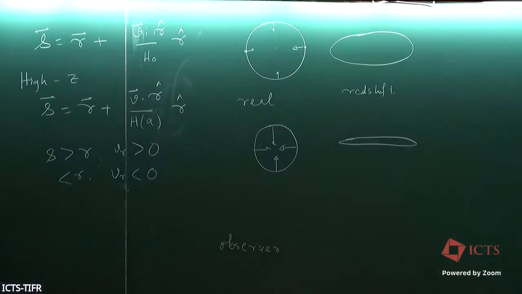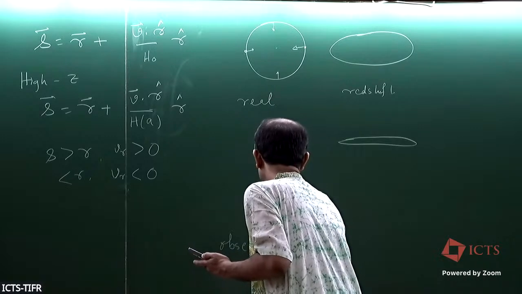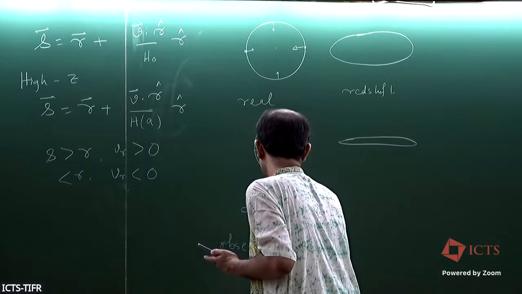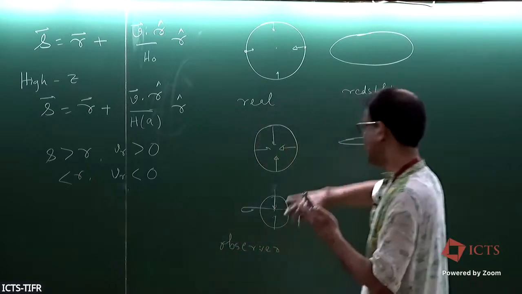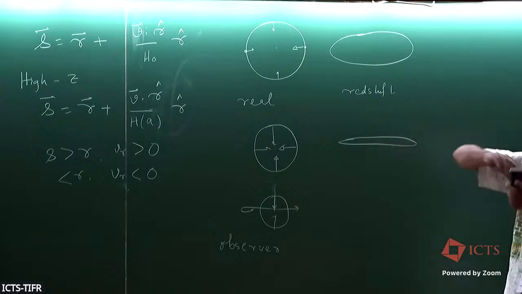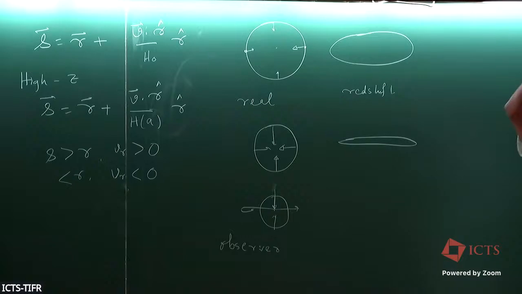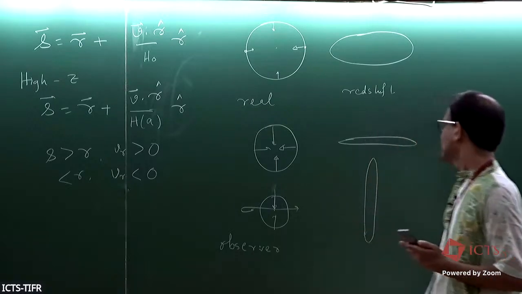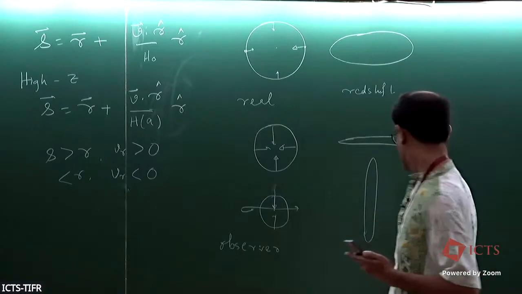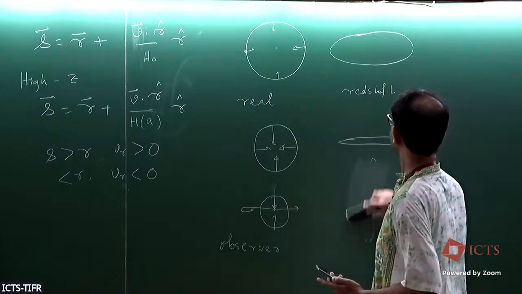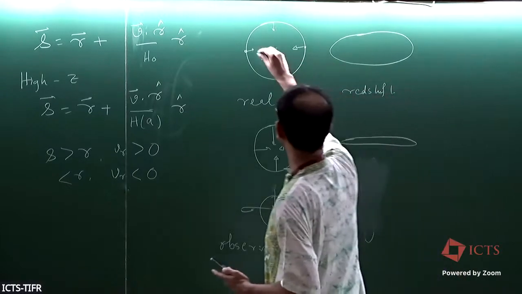At the final stage, your spherical shell has collapsed and it has picked up huge velocities in all sorts of directions. Mostly, it's quite random. In that case, this flipping can become very extreme. So what you can end up with is something which looks like this. I mean, this is not correct because the transverse size will be whatever I drew here. The way I'm drawing it is probably not good.